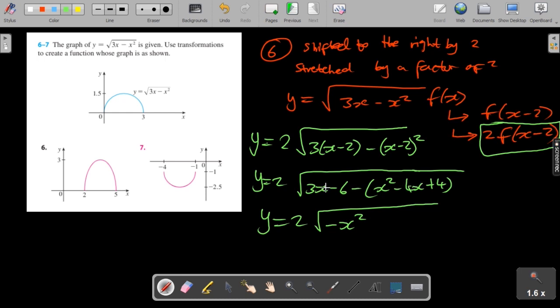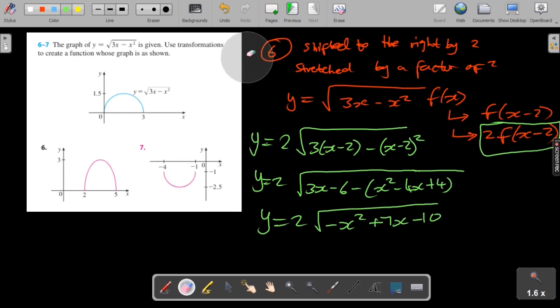Then that would add to the 3x over there, so that would be 7x. Then we're going to have minus 6 on the outside minus the 4 on the inside. That will give us minus 10. Alright. So this is the final function that represents the diagram shown at 6. We have stretched it by 2 and we've shifted it to the right by 2 units as well. And this would be the final function that you're going to have.